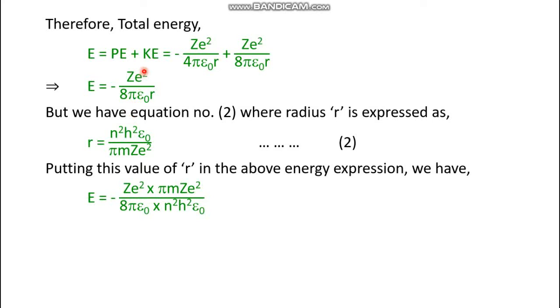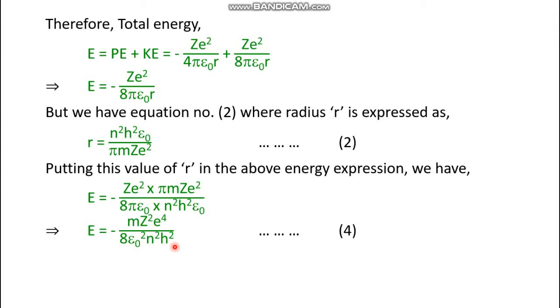That means z square, here z square, 8 pi epsilon 0 r, here 8 pi epsilon 0. In place of r we have just put this value, and the negative sign is carried forward, and the final value of E, that means the energy expression, is minus mz square e to the power 4 by 8 epsilon 0 square n square h square.